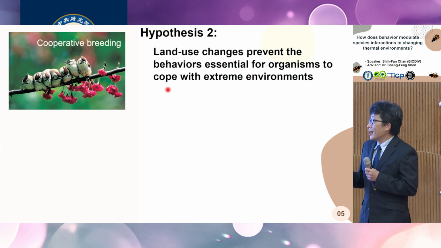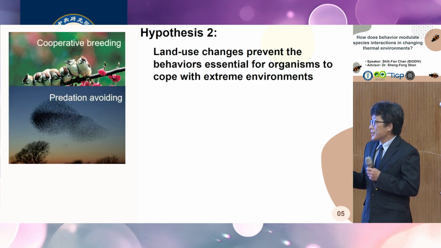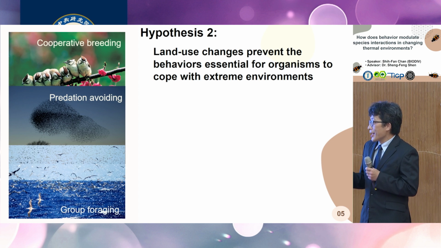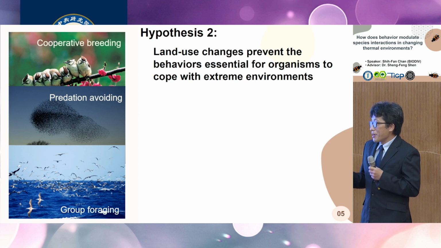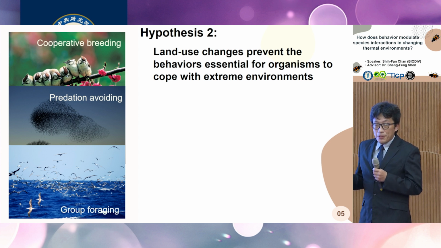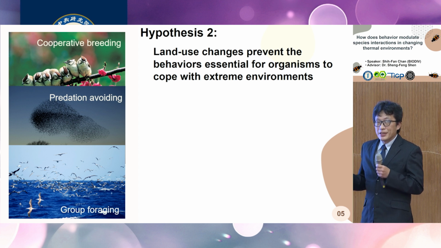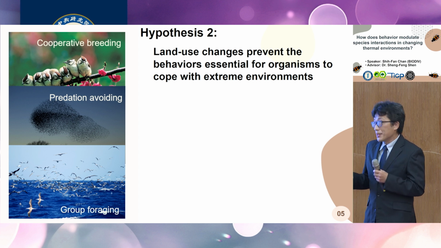For instance, some species can breed cooperatively, some can live together to fight against their predators, and some may forage together to share information about their food. These are essential behaviors for them to cope with competition or to survive in the extreme environment.